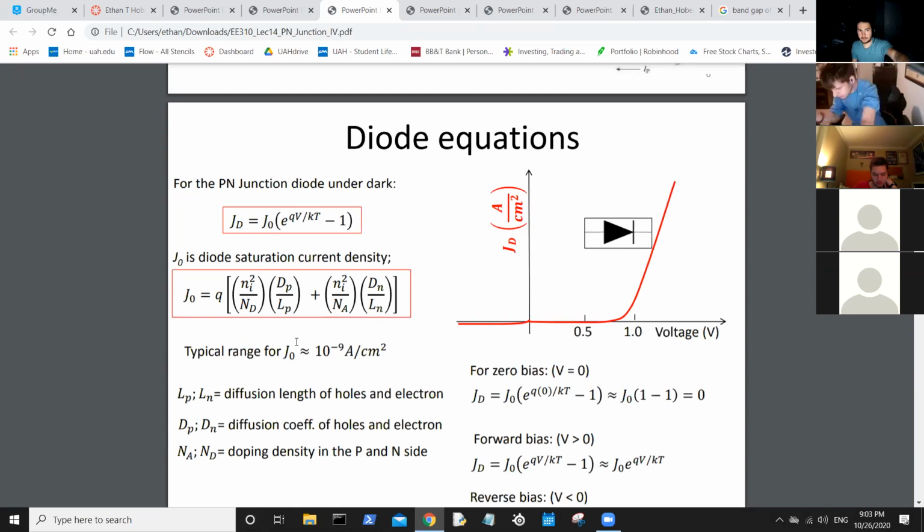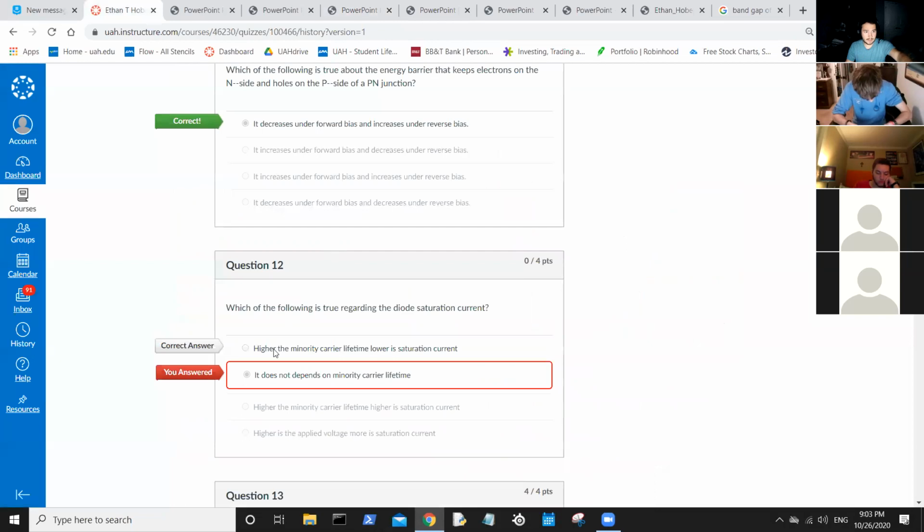Because if the denominator of something is bigger and bigger, the lower and lower the overall number is going to be. If you divide 1 by 2, it's 0.5. Divide 1 by 4, it's 0.25. It gets lower and lower. And that's the same for both terms being summed. So across the board, as minority carrier lifetime increases, it will decrease the total sum. Therefore, the higher the minority carrier lifetime, the lower the saturation current is the correct answer.